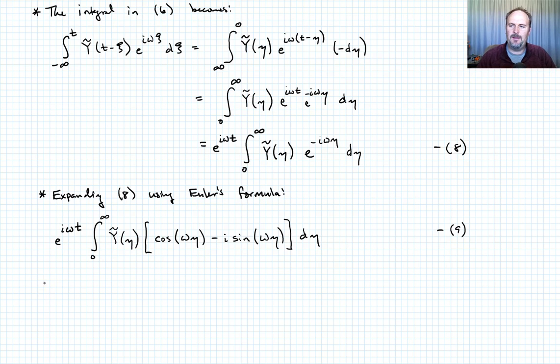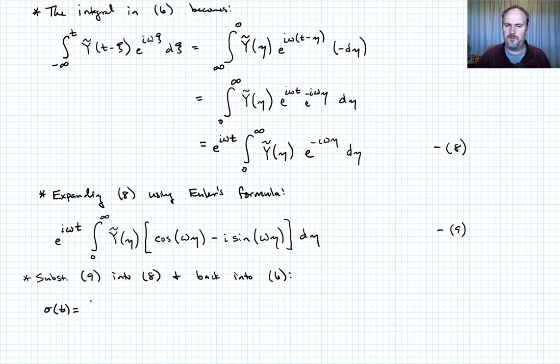Okay? So let's say substituting 9 into 8 and 8 back into 6. Now I'm back to this equation that says sigma of t is equal to our first term, which is Y naught epsilon naught e to the i omega t, right?